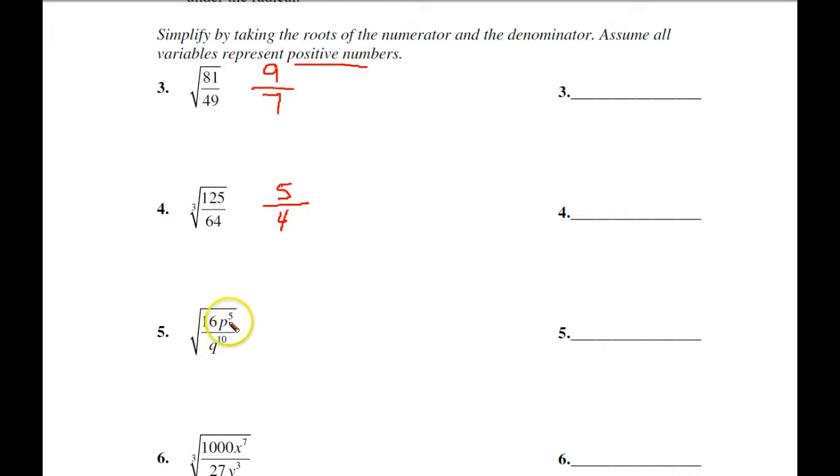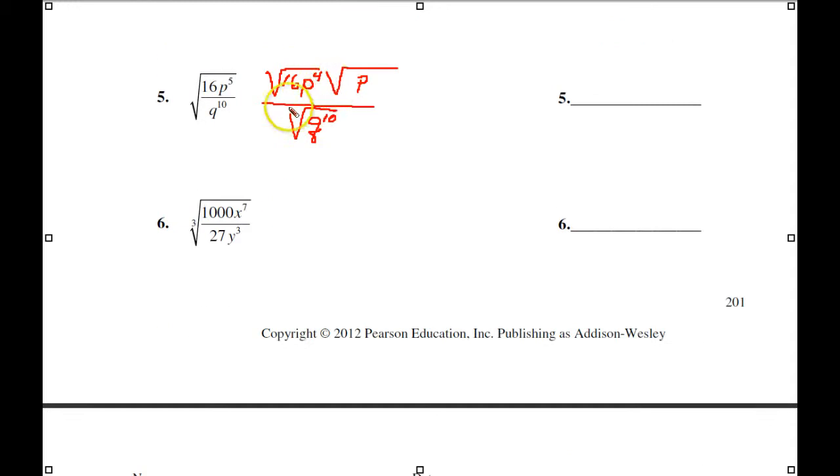Alright, here we have to use a little bit of our technique. Let's move it up and look at this technique. Here, p to the 5th is not a perfect square, so I'm going to use the technique of the previous section. This is now a perfect square, and this is what's left over.